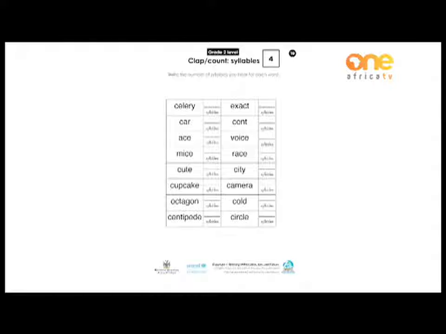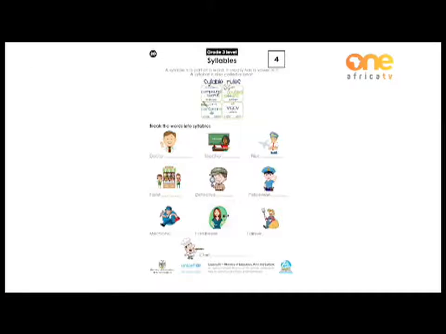And I would like for you to turn to page 20. Page 20. Now we also have syllables, but this one will be on a grade 3 level, whereby we are going to apply the rules of syllables. There you have the rules there.